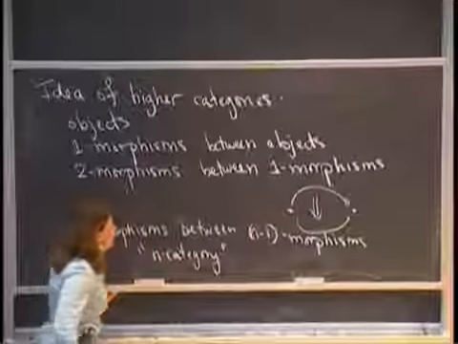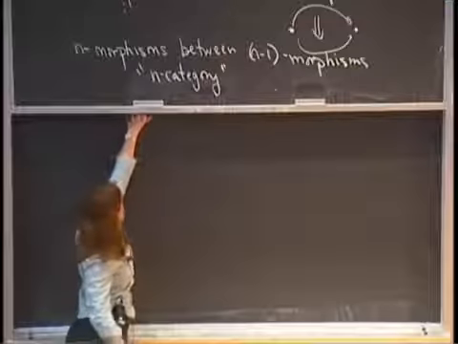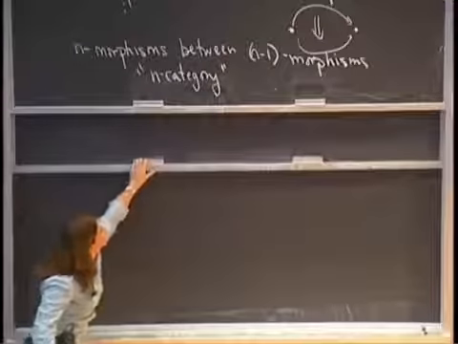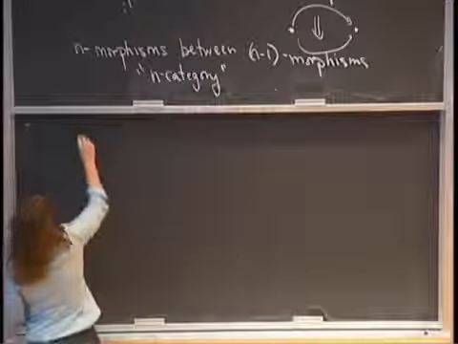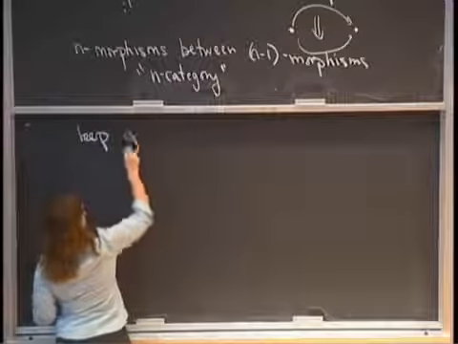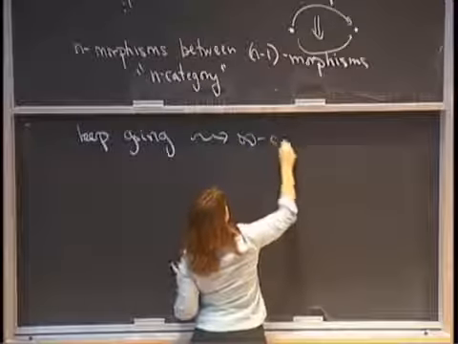That's if you were to stop. But you could also say, I just want to keep doing this forever and taking morphisms between morphisms. If you keep going, this would give the idea of an infinity category.